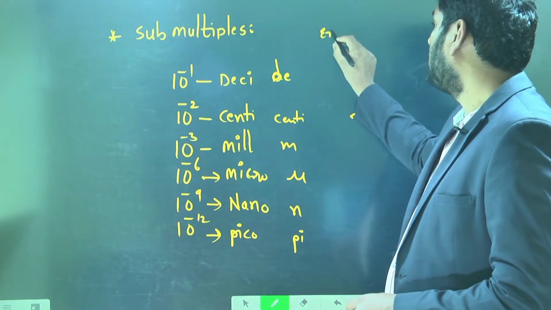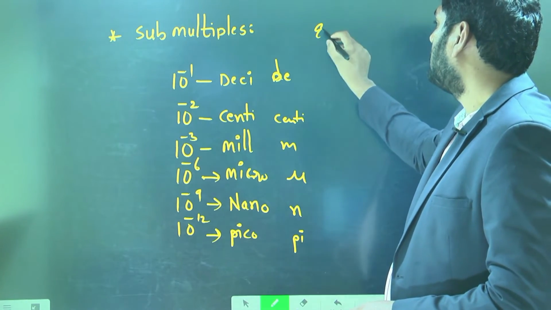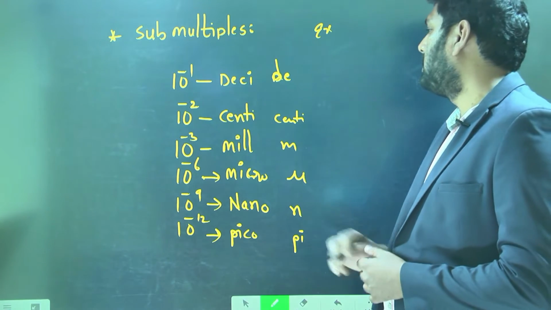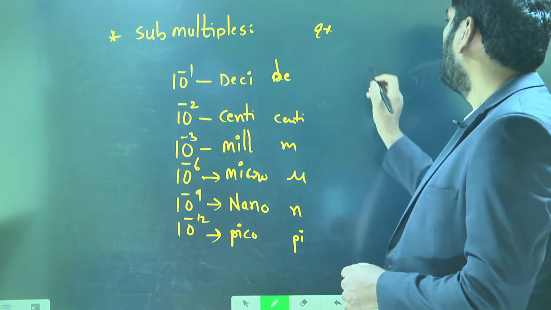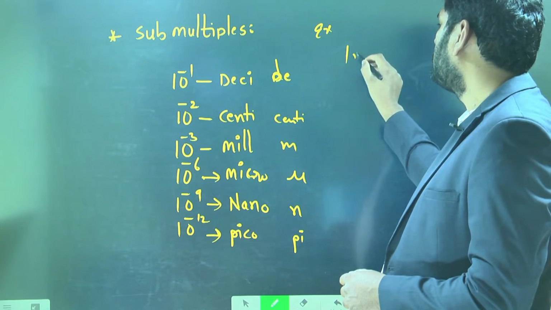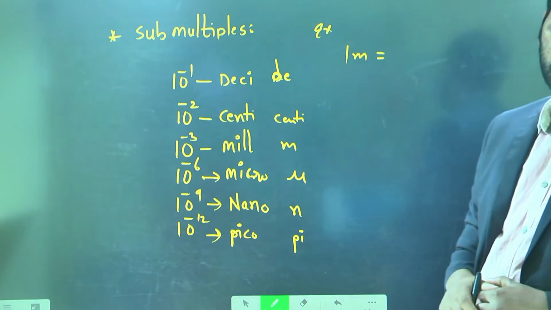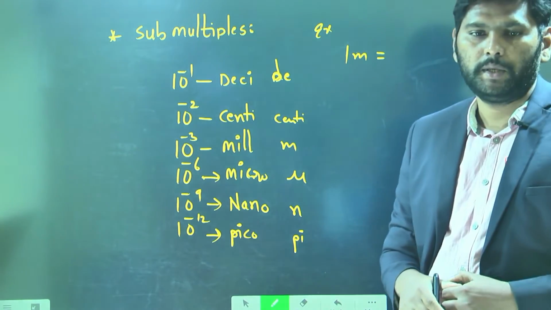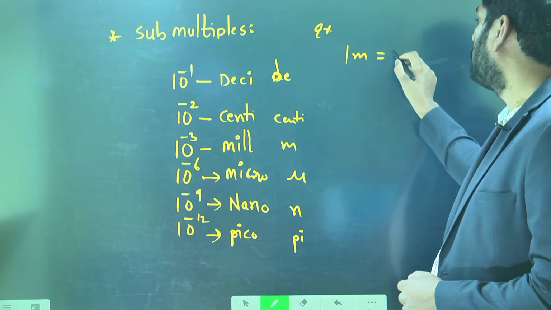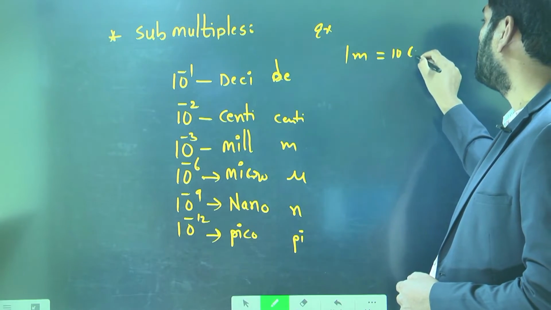Examples. Let's start with centi. You know, 1 meter is equal to how many centimeters? 1 meter is equal to 100 centimeters.